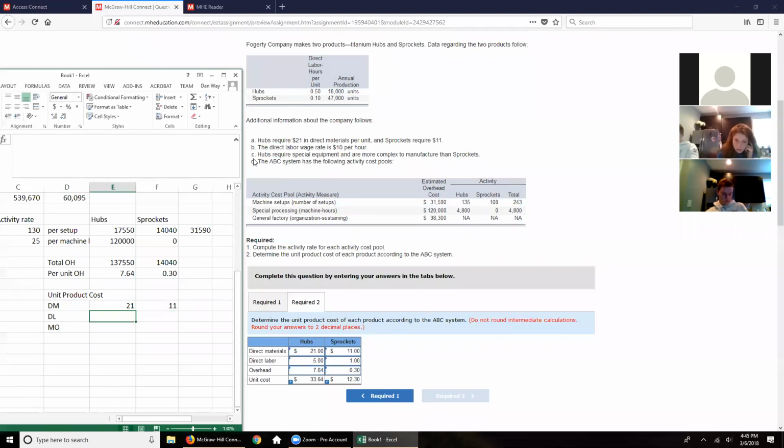We did have to do a little bit of math for the direct labor, right? So that says the labor wage rate is $10 per hour, and the hubs take half an hour to make each. So in other words, we can make 2 in 1 hour. So that would be 10 divided by 2 here. And then the sprockets, well, we can make 10 of those in an hour. So a tenth of this $10 rate is $1.